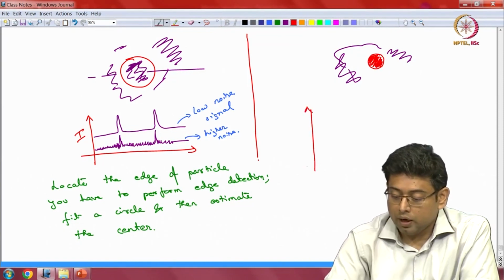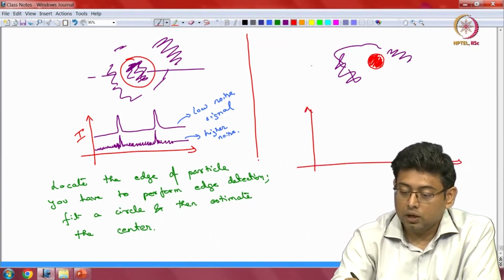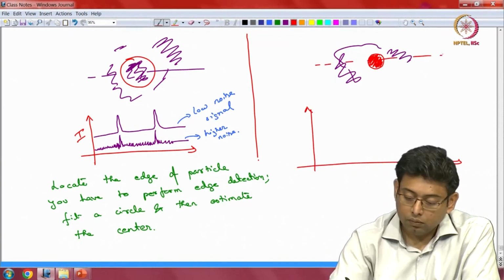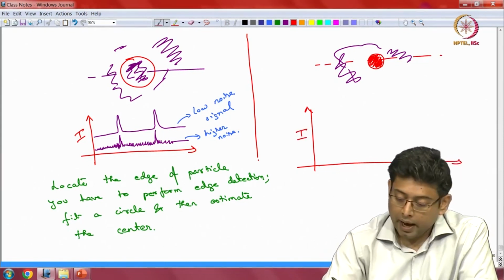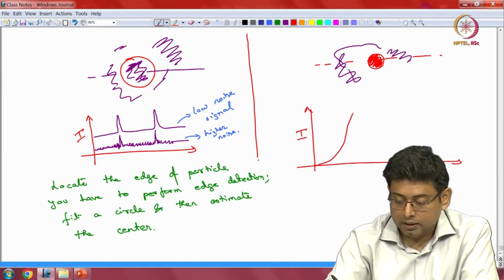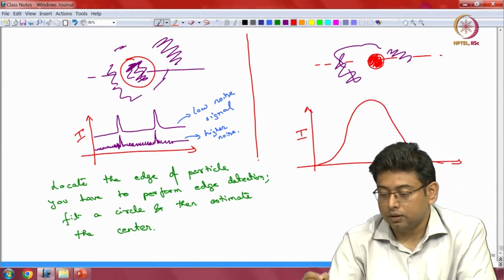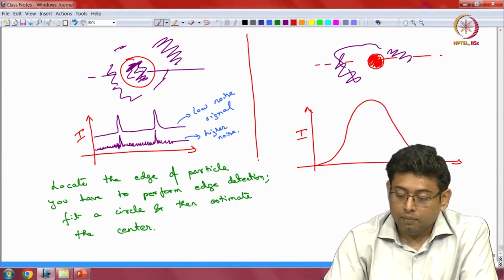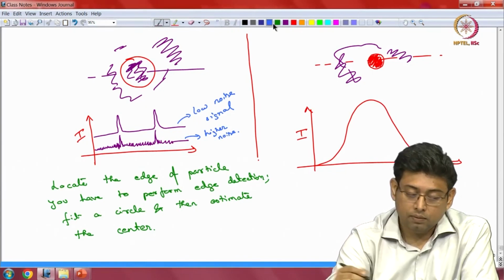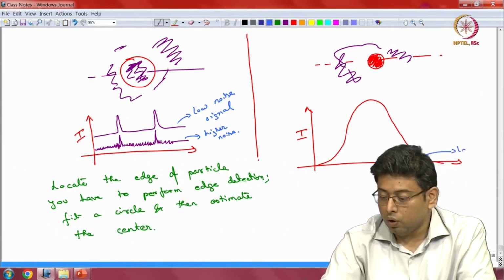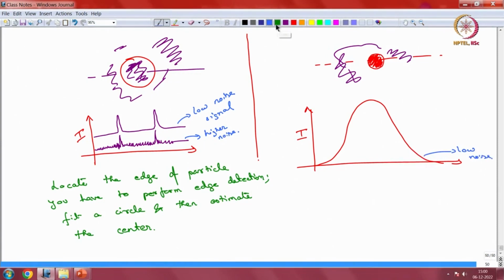So, if you draw your intensity profile across a certain cut like this, you will get a nice curve like this. This is again a low noise case. This is a low noise signal, and then if you have a higher noise, the signal can look something like this.